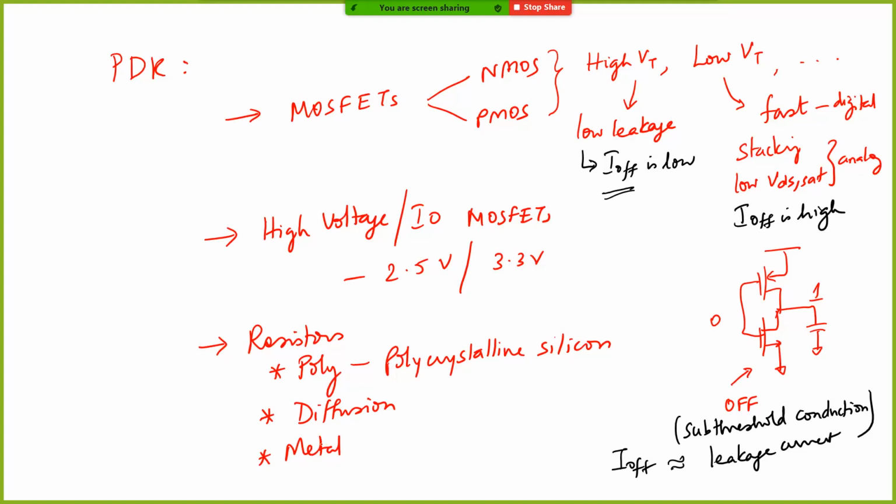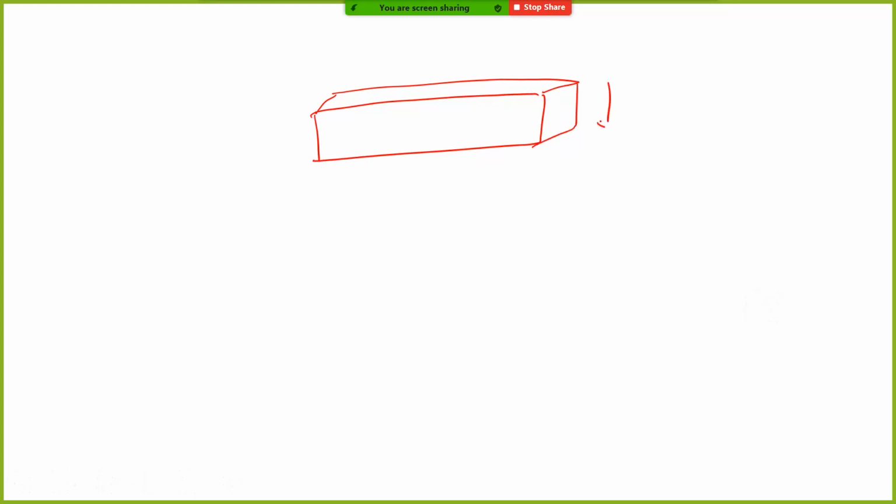Now, when you talk about resistors, no matter which material you are using, you basically have a cuboid structure. There is a certain thickness, the thickness of the metal or whatever the resistive element. Let's just call it the element.